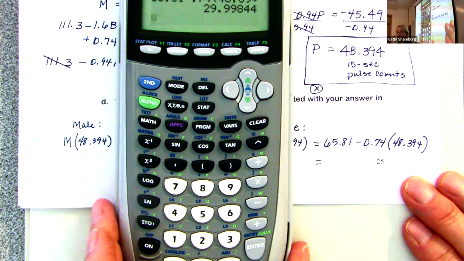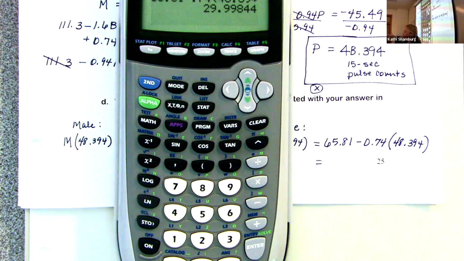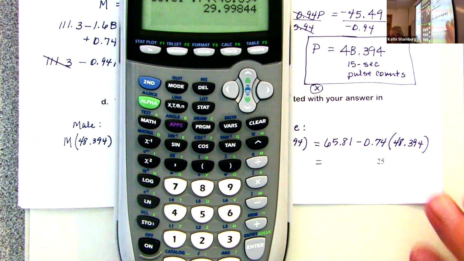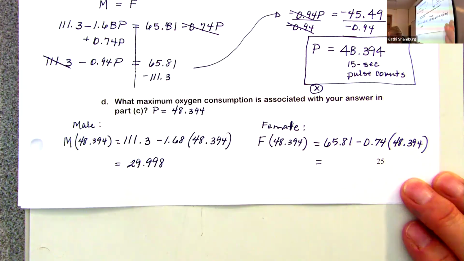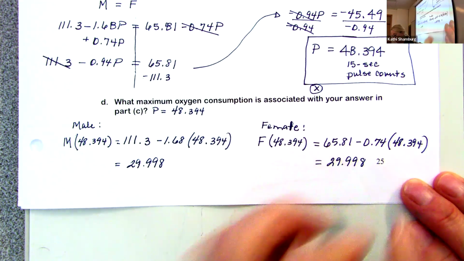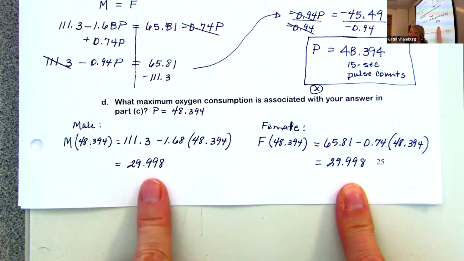Now, it's not exact to 4 and 5 decimal places because we rounded this number. But if you round this to 3 decimal places, we again get 29.998. Now, what are these two numbers representing?